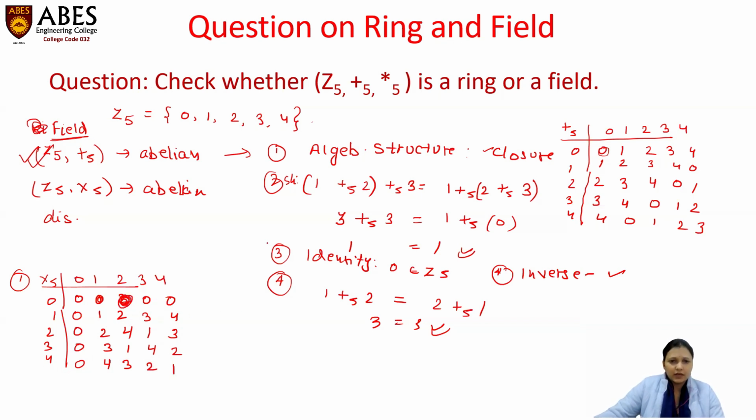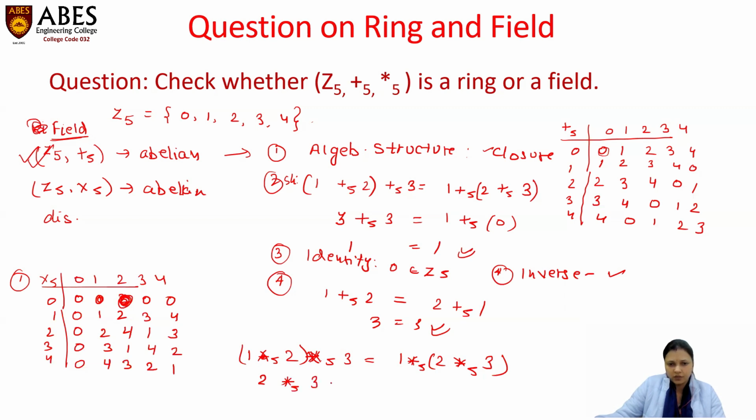Now we will check the associative property, whether it is a semigroup or not. This is multiplication modulo 5. Consider any three elements and change the association. We will check whether the associative property is satisfied. 2 into 1 is 2, so we get 2 as the remainder.